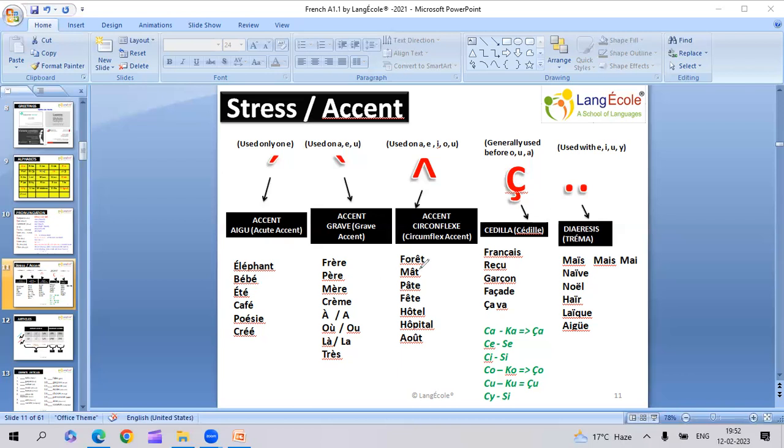So we'll see that, but this is where it is coming. It is coming on all those words where you'll find that S has disappeared.